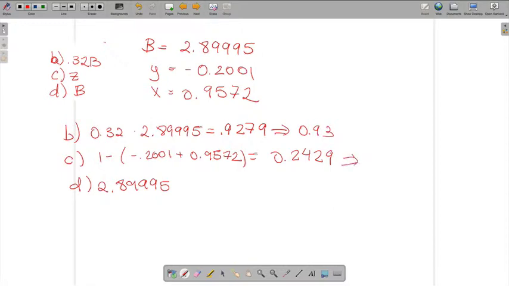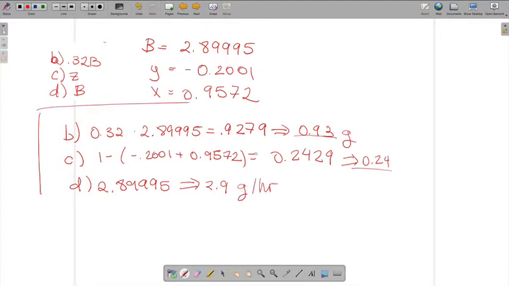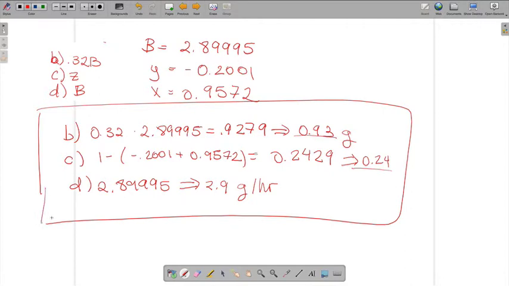That's going to equal 0.24. And that's going to equal 2.9. And our units. So this is a mass fraction, so this will be unitless. This is a mass, so this is going to be in grams. And then this is our flow rate, so it's going to be in grams per hour. And this ultimately is the answer to the problem.